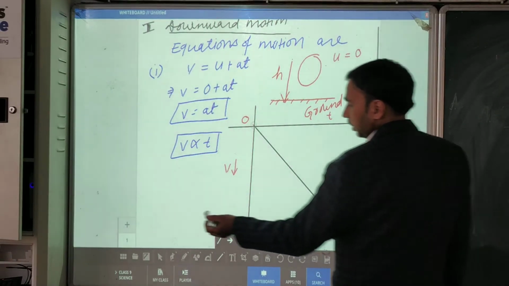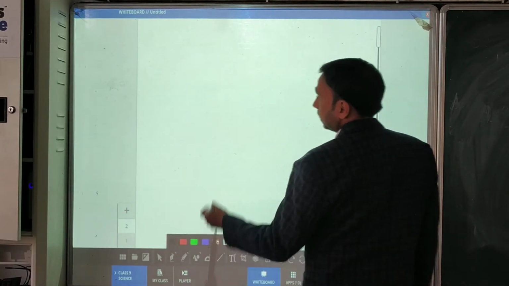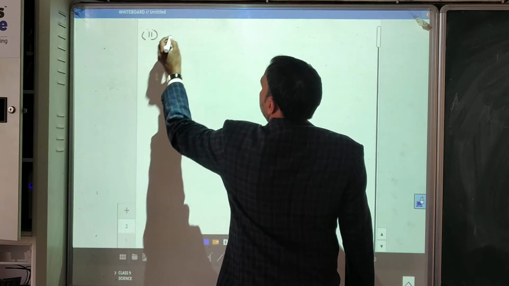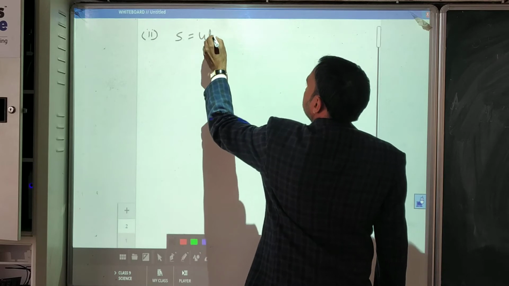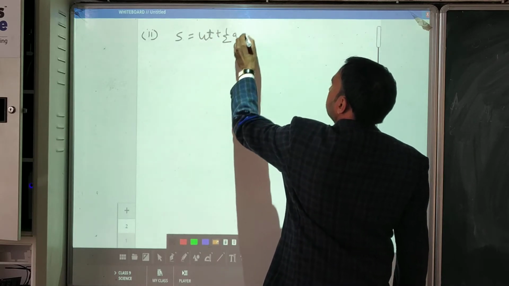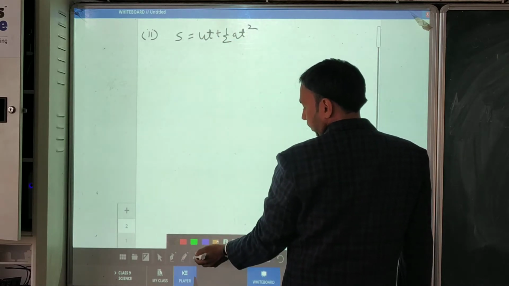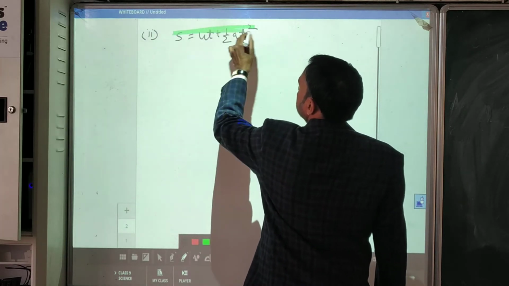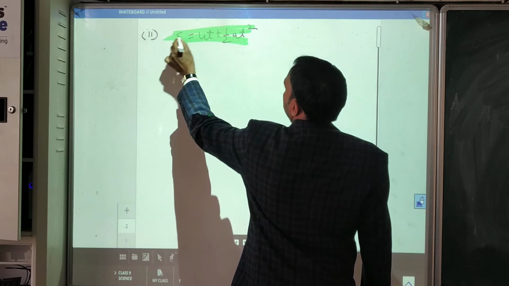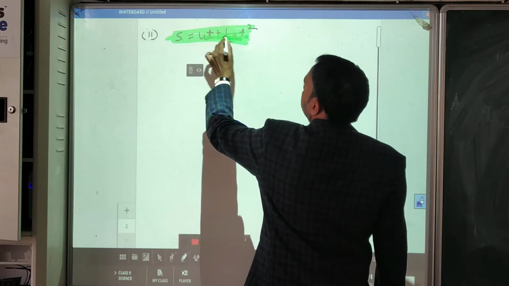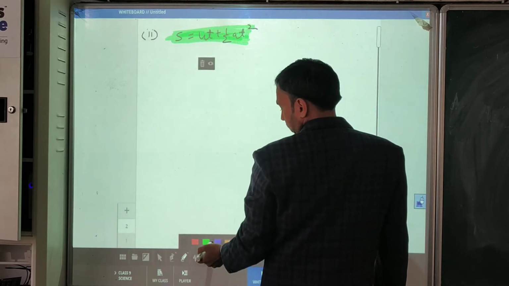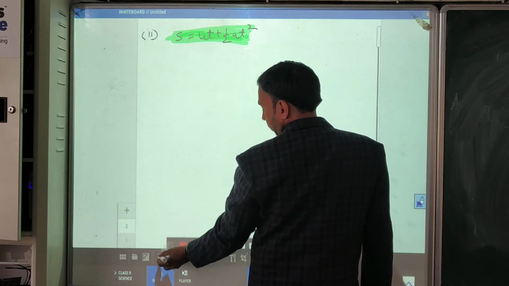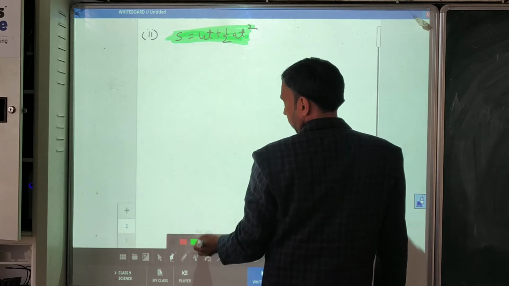Now we go for the second one, and the second equation of motion is S is equal to ut plus half at square. When we talk about this, we need to understand its meaning.